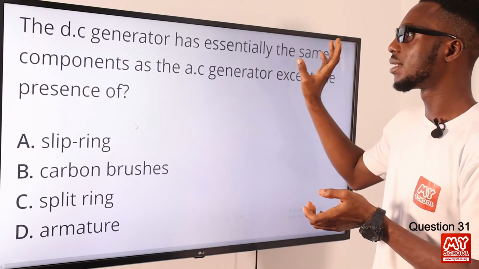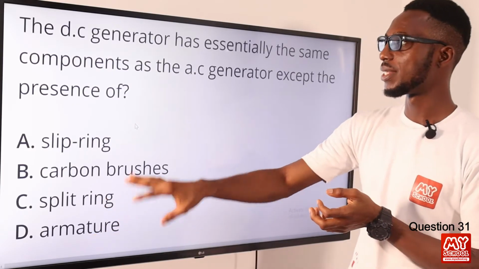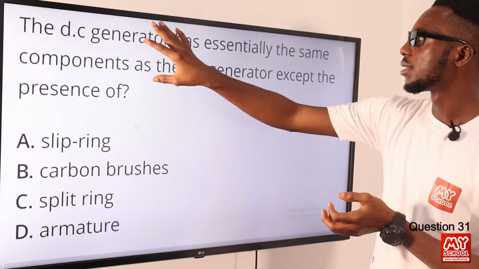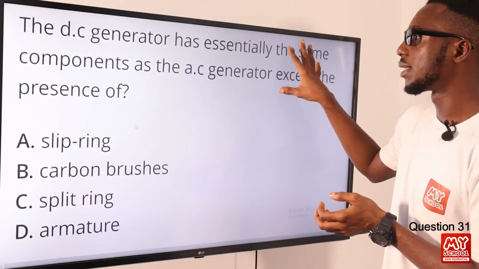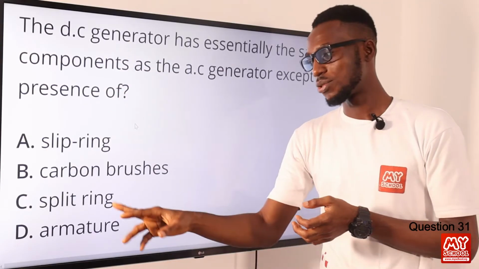Then for the DC generator, we have the split ring commutator. So the difference is the presence of the split ring in the DC generator. So option C is the correct option.